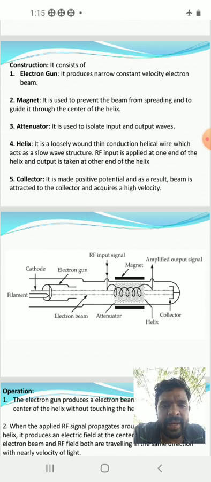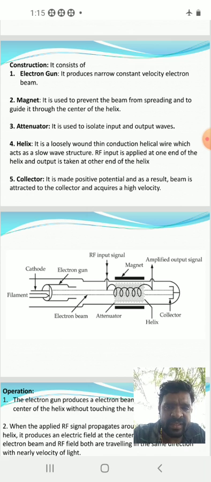Collector is made a positive potential, and as a result the beam is attracted to the collector and acquires a high velocity. Here the collector is an anode, which has positive potential. Electrons are generated by the cathode or filament and flow towards the anode.